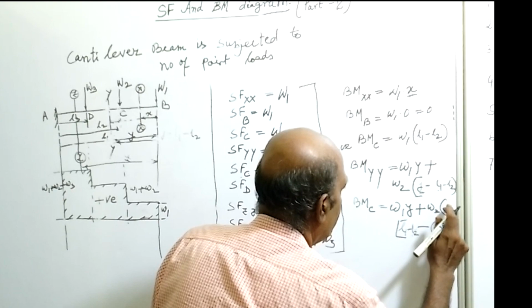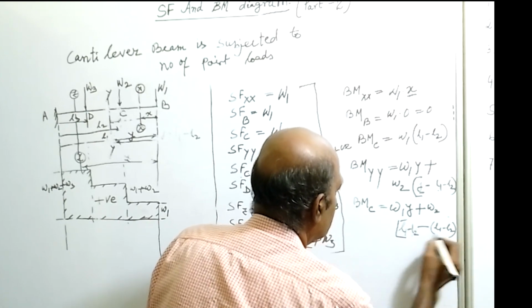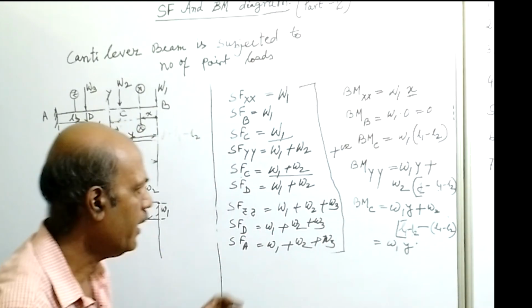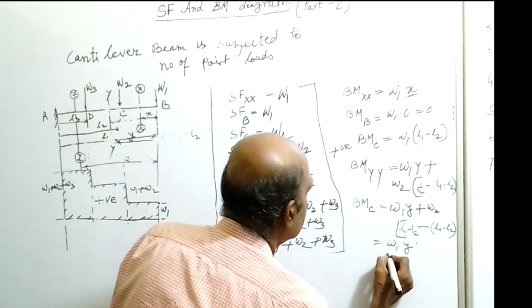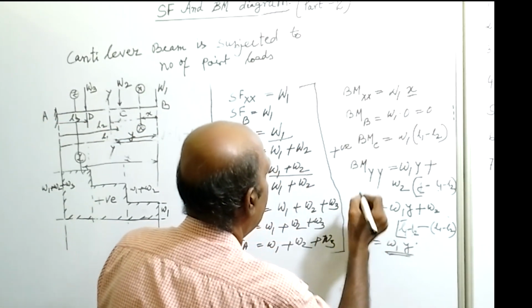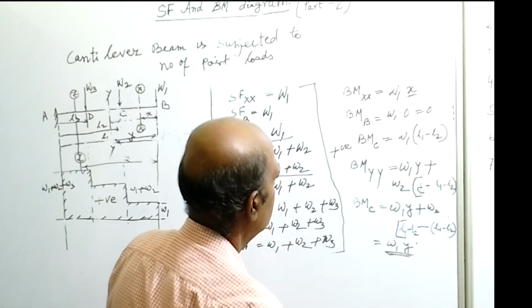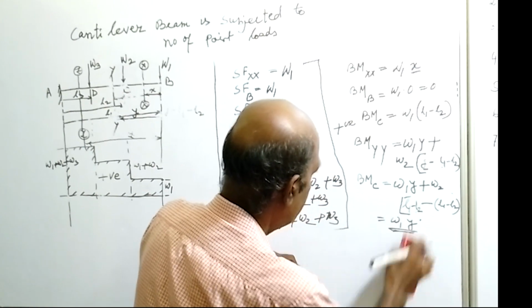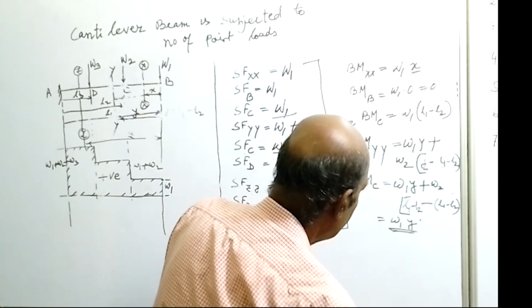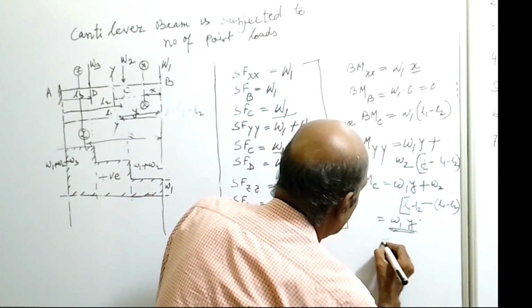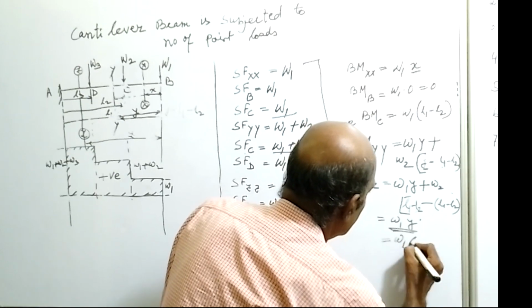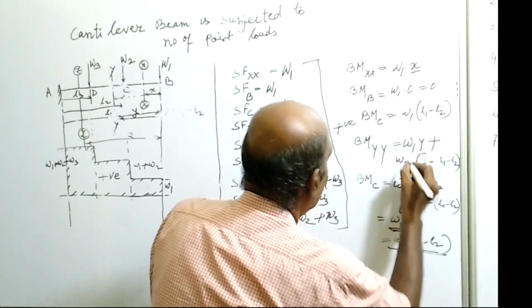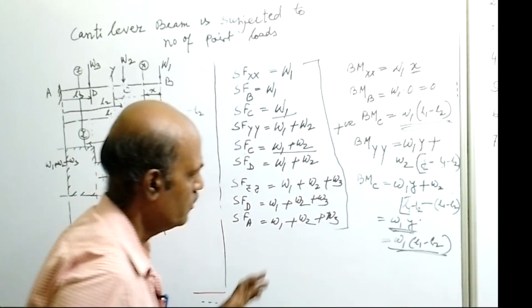This will give 0 value, so it will be W1 into y. Put the value of y: W1 into (L1 minus L2). So this value and this value will be the same.